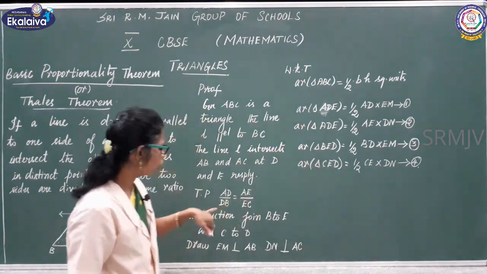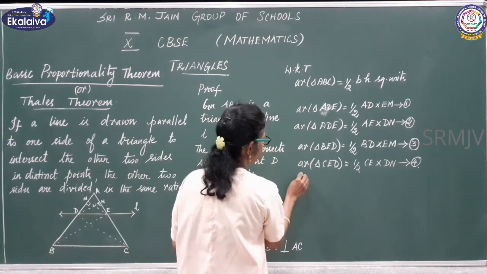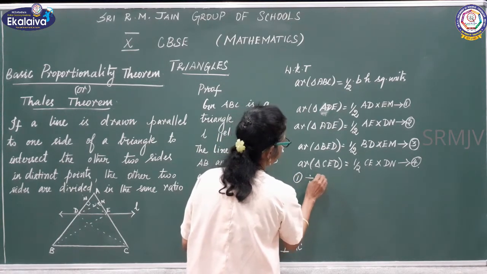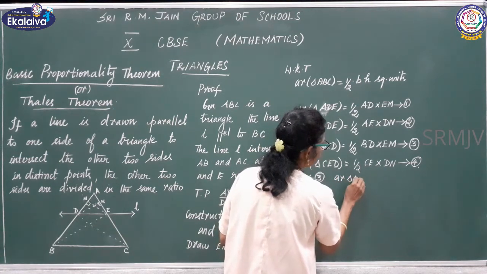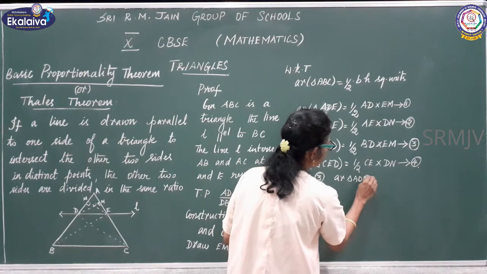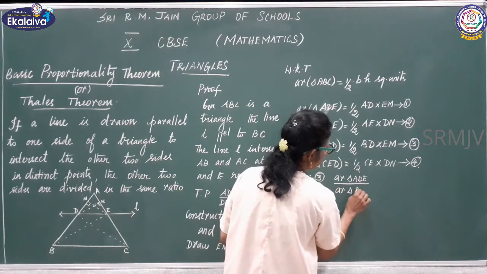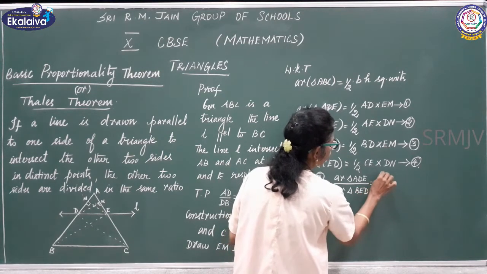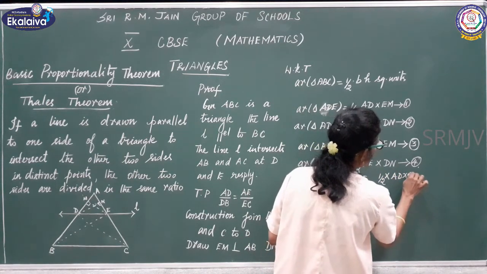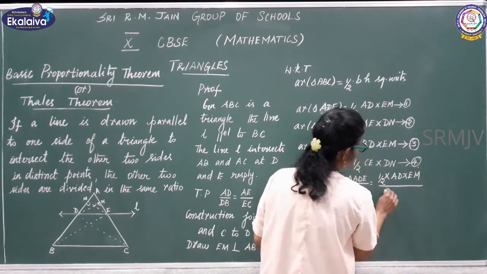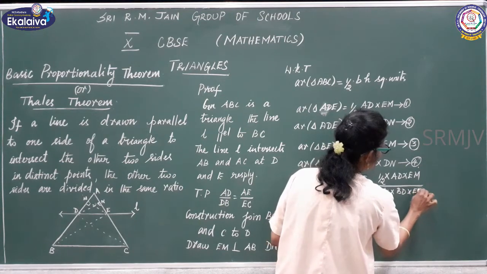Using the 4 equations, you are going to prove this result, right? See here, first equation 1 divided by 3. What you arrive? Area of a triangle AED or ADE divided by area of a triangle BED equal to half into AD into EM divided by half into BD into EM.